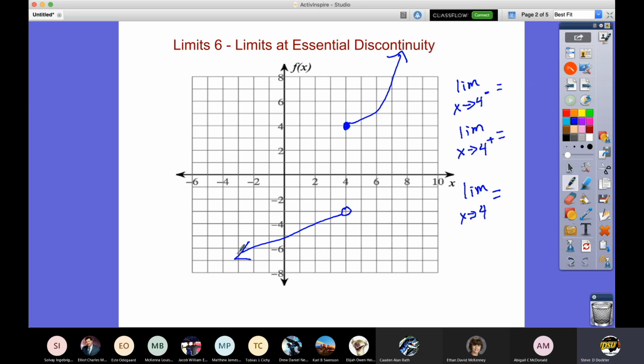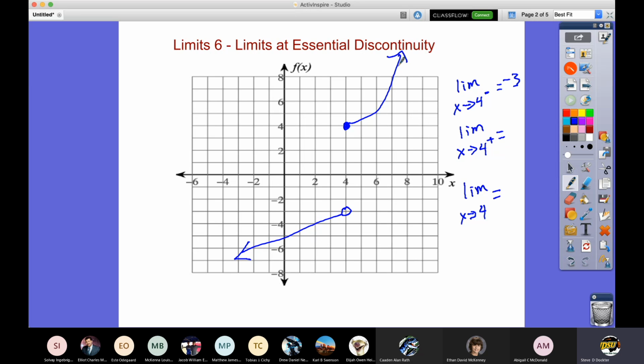All right, so as x approaches 4 from the left side here, we're coming along on the left side, so that's this bottom one. We're getting closer and closer to 4, which gets us closer to the y value of -3 here. All right, so that one gives us a -3.